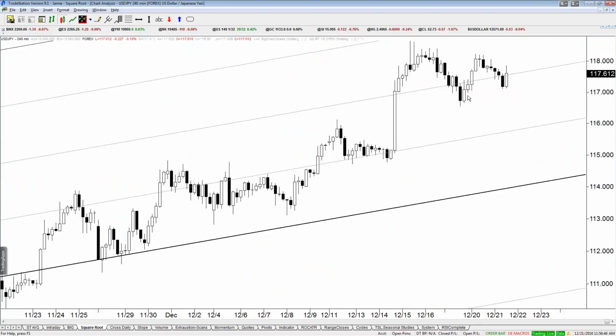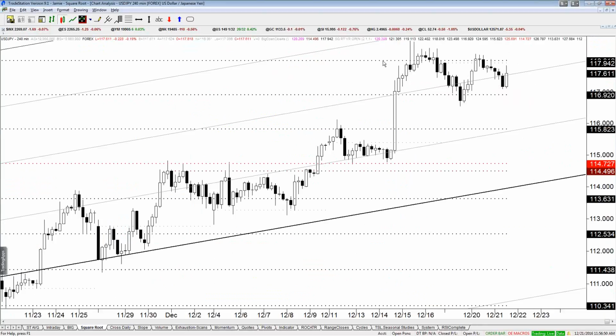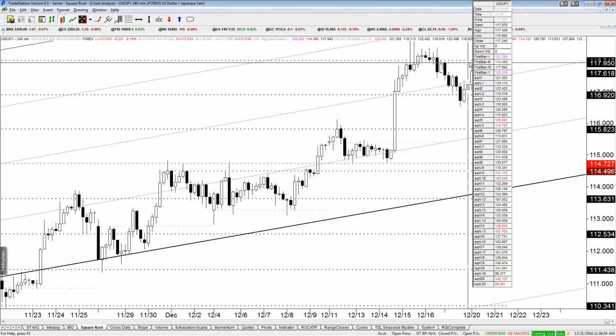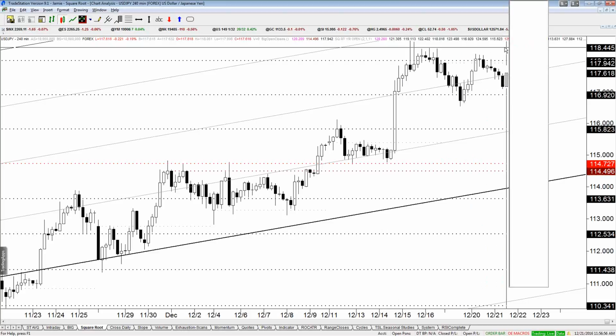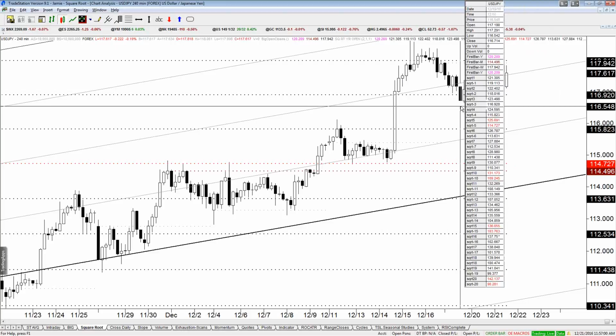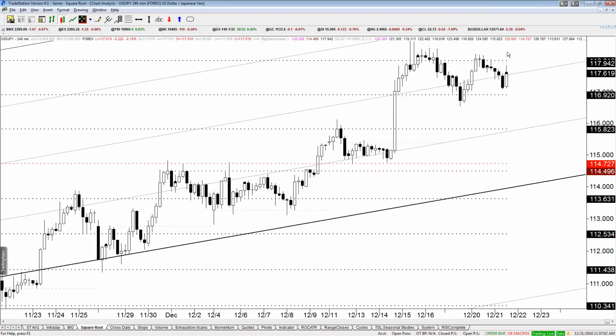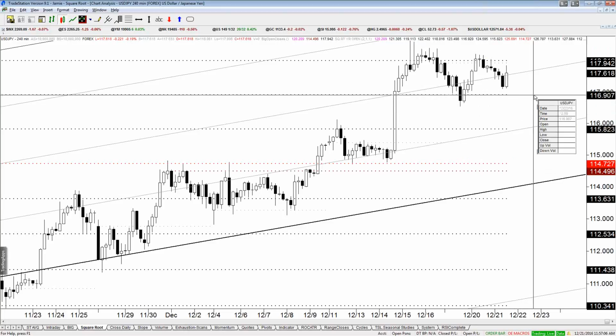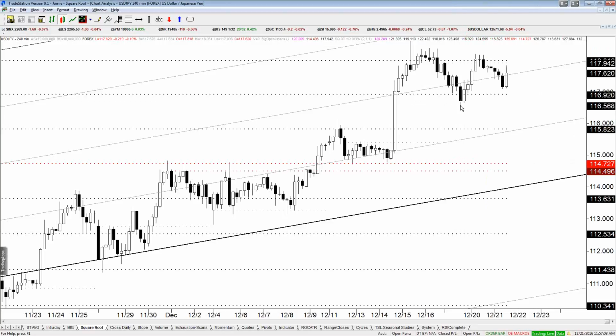Go to the 240-minute chart, okay? 118.05 is the square root progression. We have found resistance there the last couple of days, all right? We've also found support near 116.92. So for me, a short would be if you broke below 116.92 and then found resistance on it because it was also prior support.